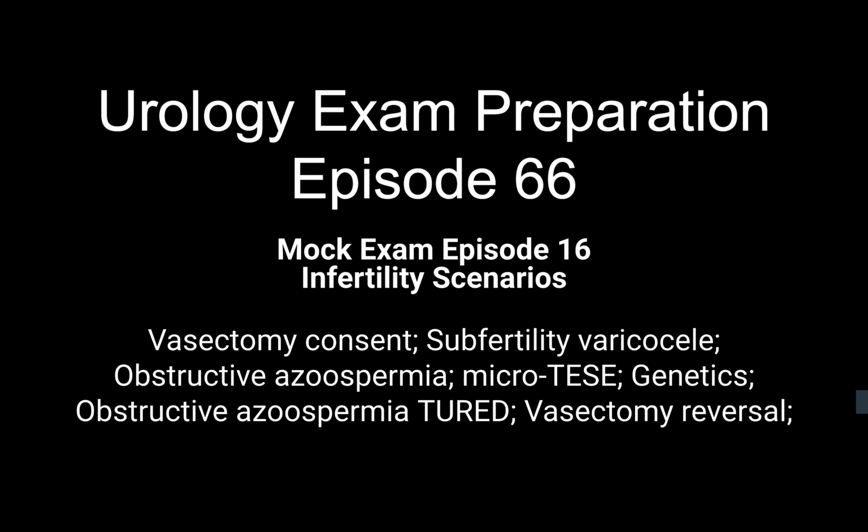I will quote the risks involved, which will be infection, hematoma, and in very rare cases, chronic scrotal or testicular pain. I will also quote the failure rate: in early stages, one in 300, and in late stages, one in 2000.